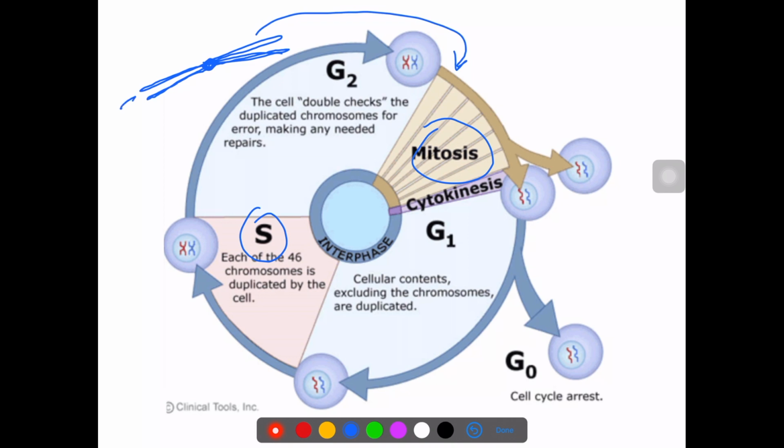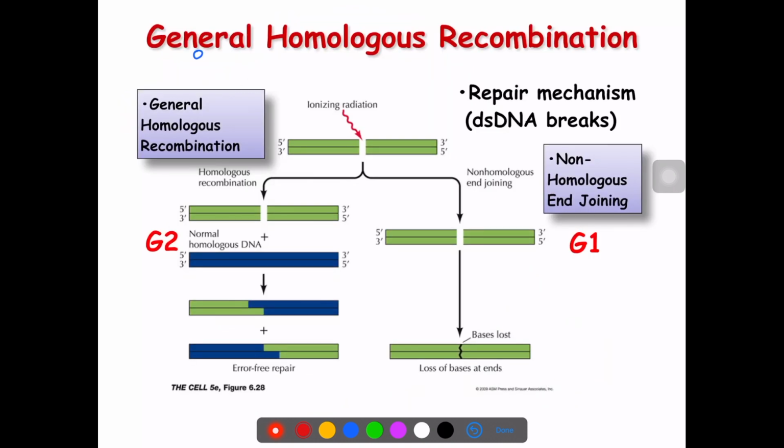These chromatids are identical, so any segment here has an identical segment on the other chromosome. So if there is a double strand break in one of these two copies, it can be fixed by using the other copy. And that's the basis behind homologous recombination.